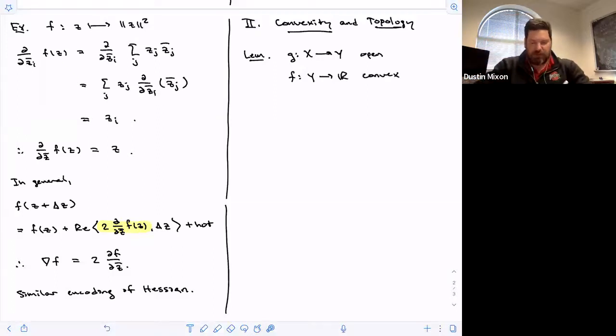You should think of Y as sitting inside of a topological vector space, and the image of the first function is Y, and Y happens to be convex. Okay, and then F is a convex function on top of that.